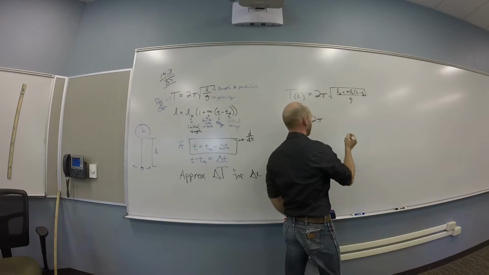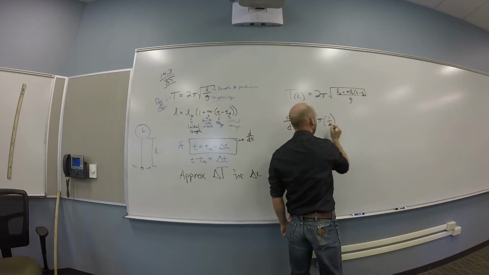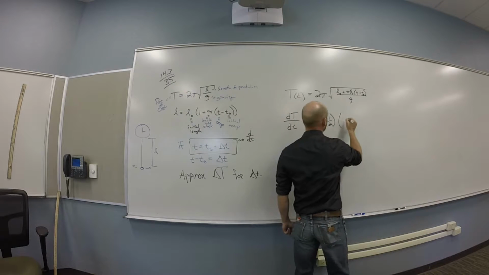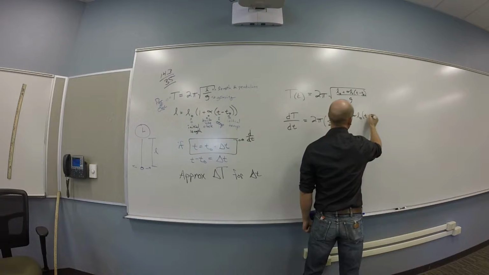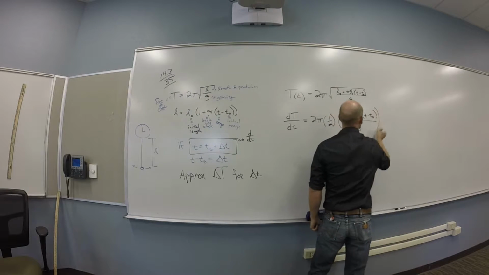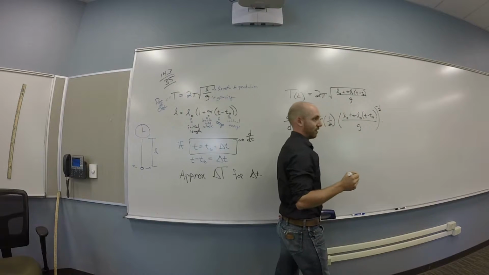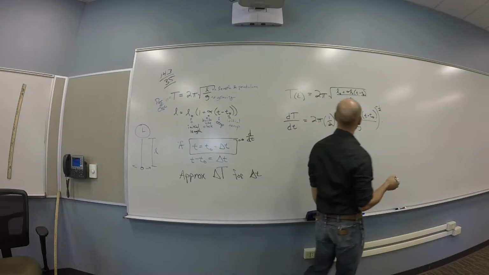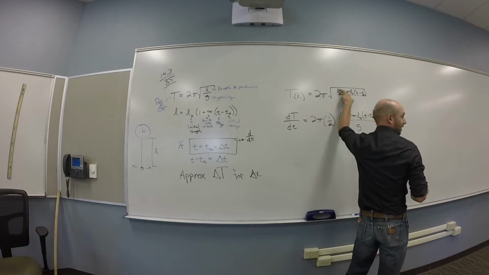You bring the power 1/2 down, all of this to the negative 1/2 power, times the derivative of the inside, where the other parts are constants.